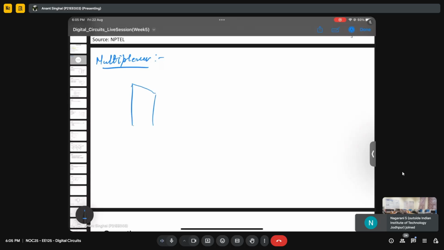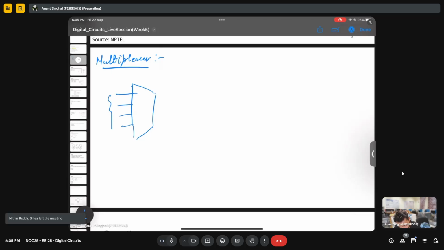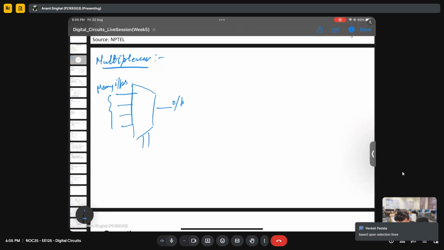It is a many-to-one circuit. People also call it many to one. That means it has multiple inputs and a single output, and it has some select lines. What a multiplexer does is give us the option of selecting. Based upon the select lines, one of the inputs, let's say I1, I2, I3, I4, is chosen.